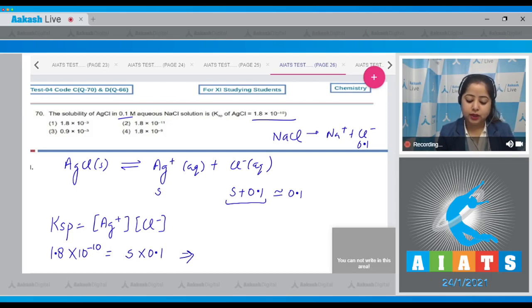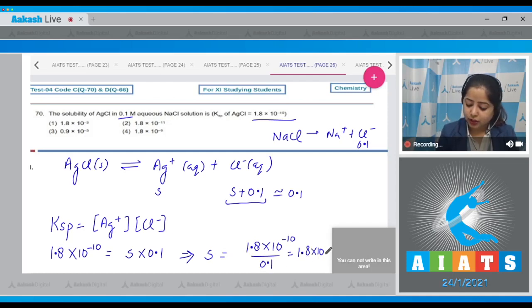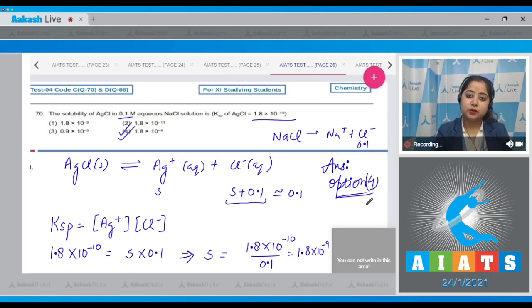Now we can calculate S, which is equal to 1.8 into 10 raised to the power minus 10 upon 0.1, which is equal to 1.8 into 10 raised to the power minus 9. That means the correct answer is option number 4. Moving to the next question.